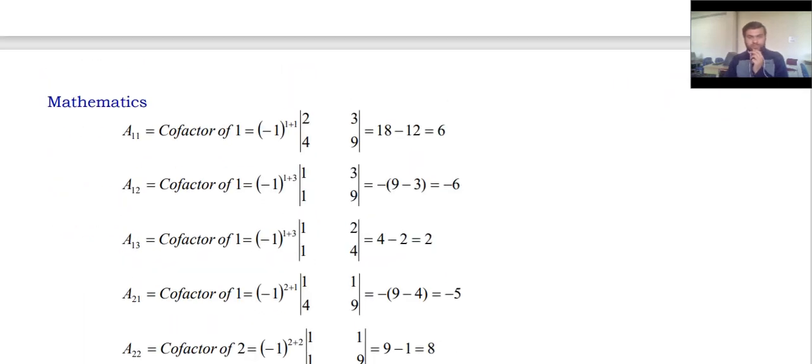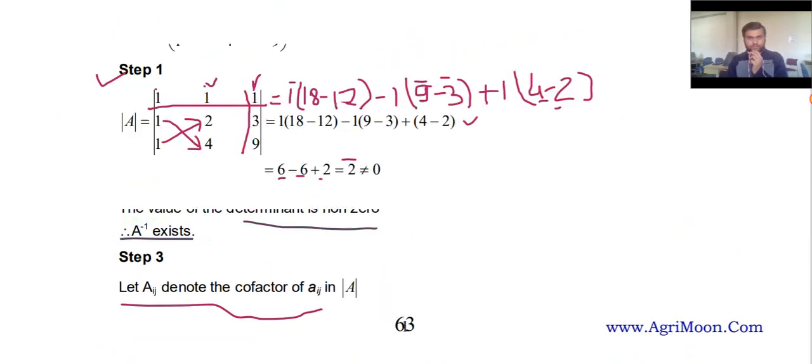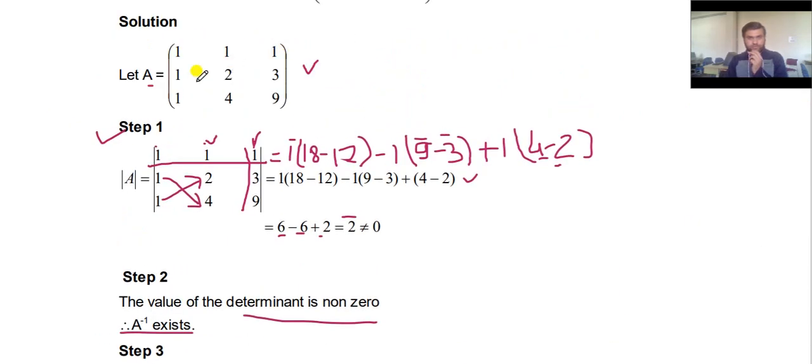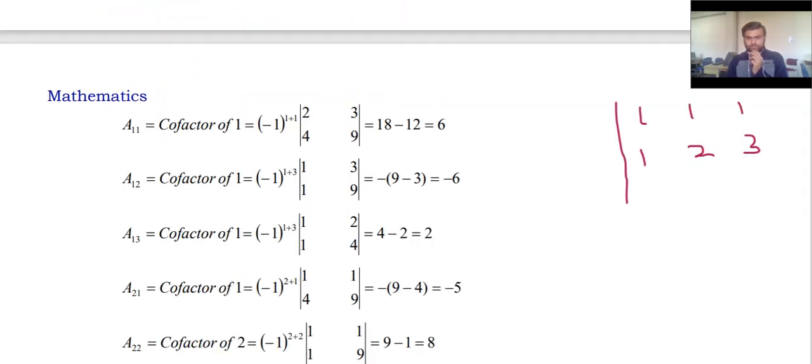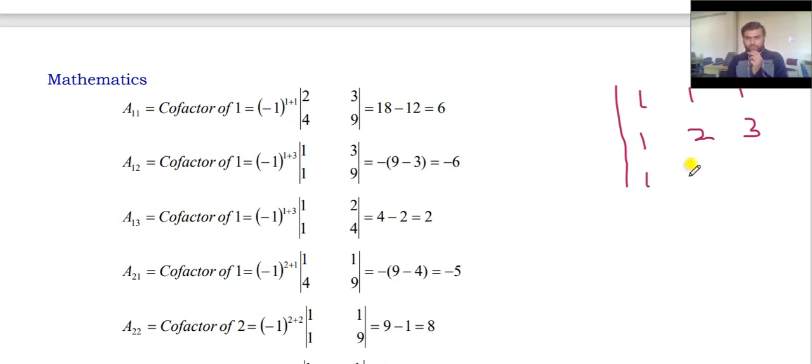So firstly we have to write the matrix, that is 1 1 1, 1 2 3 and 1 4 9.